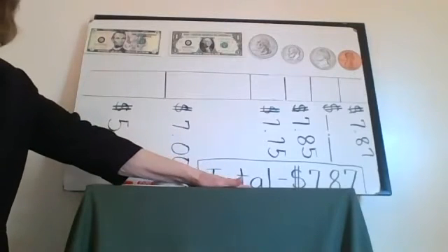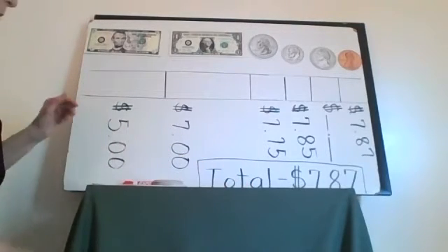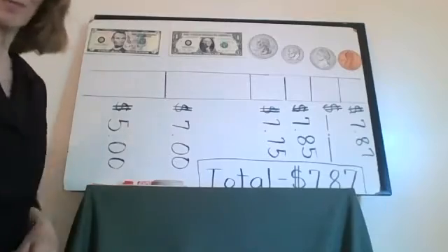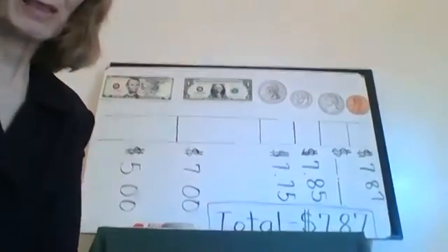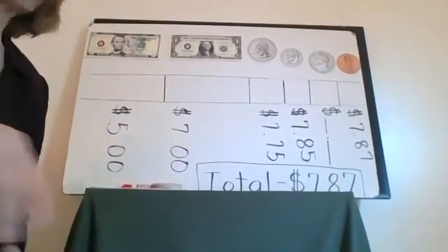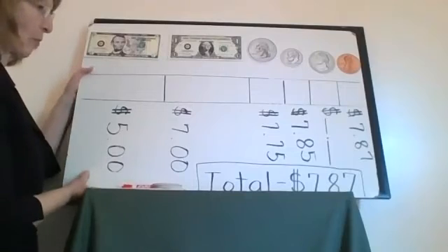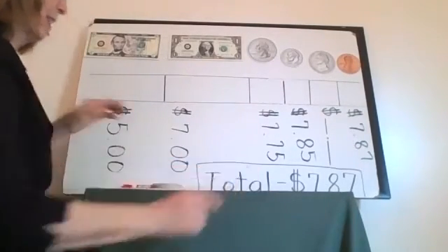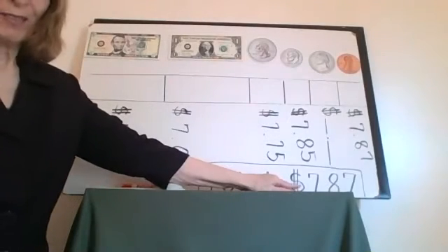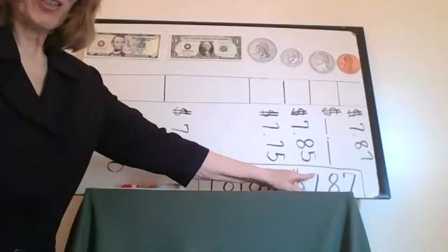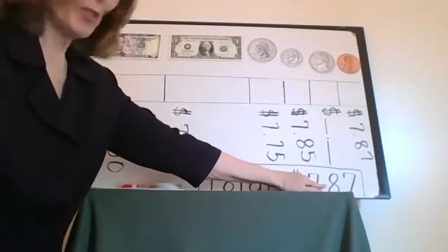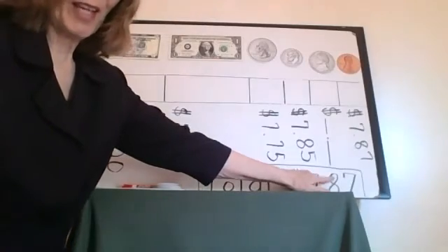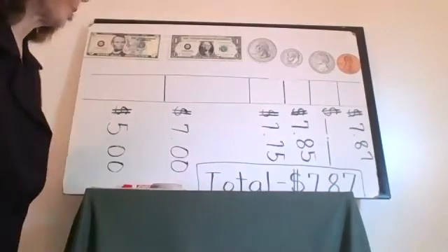Let's start down here where we see the word total. There's a dollar sign. There's a 7. You can't see the dot very well, but it's right there. And then 87 cents.